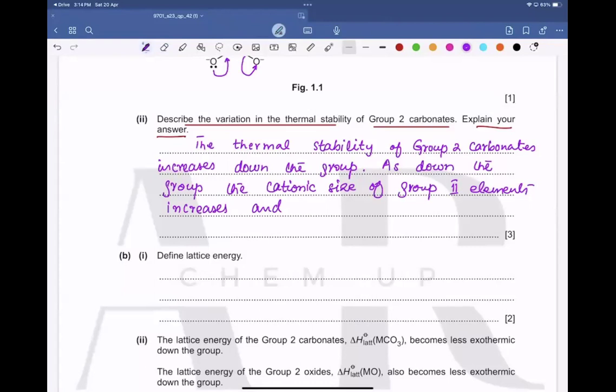There is a decrease in the ion polarization, which makes the carbon-oxygen bond stronger, and as a result, the thermal stability increases. So, cationic size of group 2 elements increases.